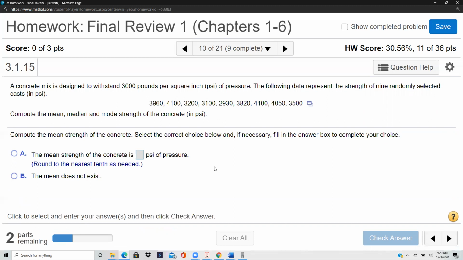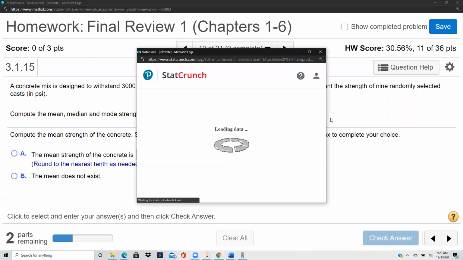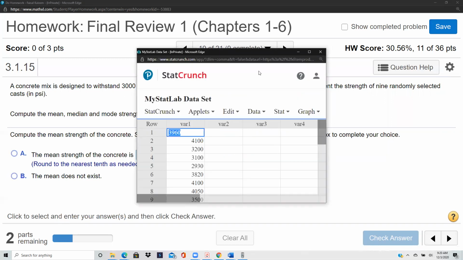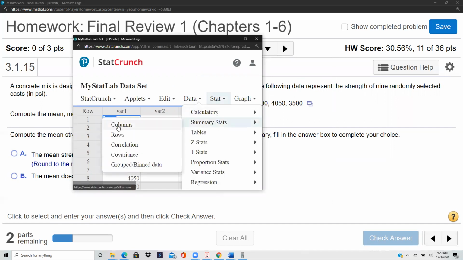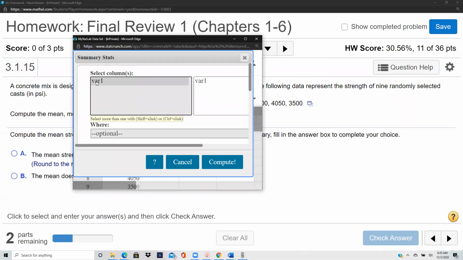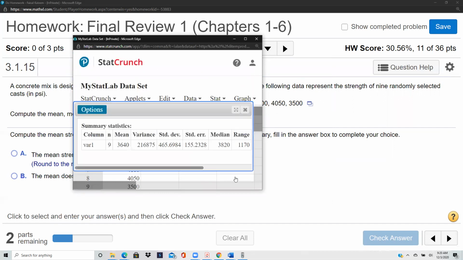Mean, median, mode. Okay, so we can open up StatCrunch, and we would do summary stats, columns. Mean, median, mode. Mean is 3640.